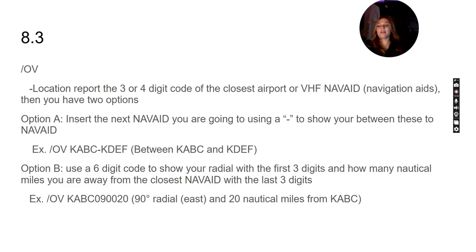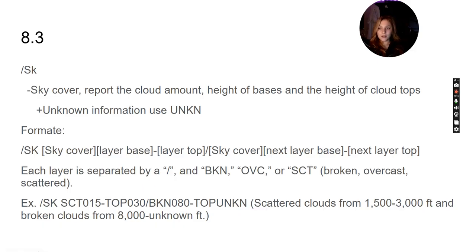So basically, slash OV, you have your navigation aid here, and then 090, which would be the 90 degree radial, which is east. So you're east of that navigation point, and then 20 nautical miles away from the navigation aid, if that makes sense.